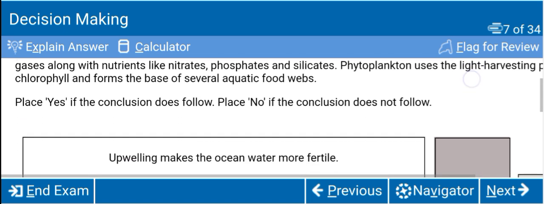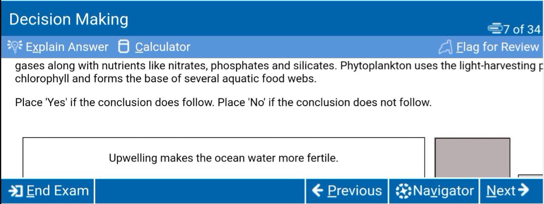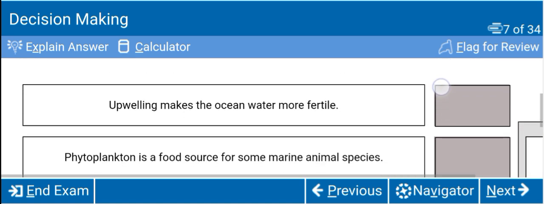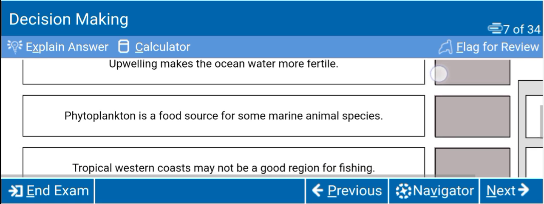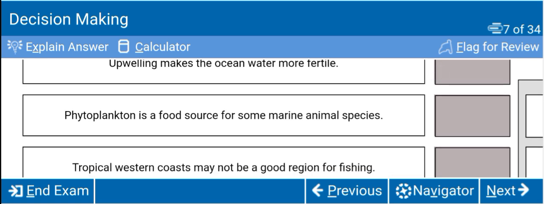So place yes if the conclusion does follow and place no if the conclusion does not follow. First conclusion says that upwelling makes the ocean water more fertile. Second, phytoplankton is a food source for some marine animal species.